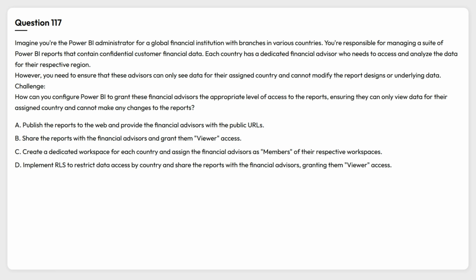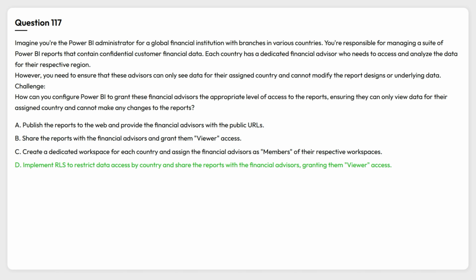Option B. Share the reports with the financial advisors and grant them view-only access. Option C. Create a dedicated workspace for each country and assign the financial advisors as members of their respective workspaces. Option D. Implement RLS to restrict data access by country and share the reports with the financial advisors, granting them view-only access.